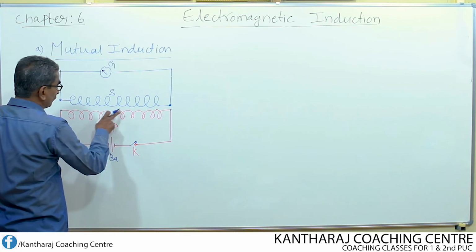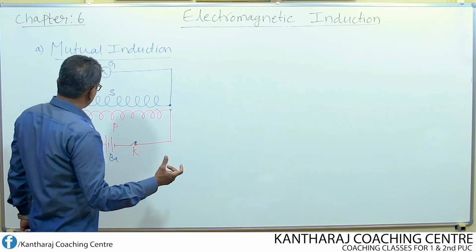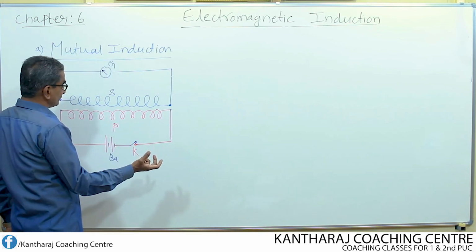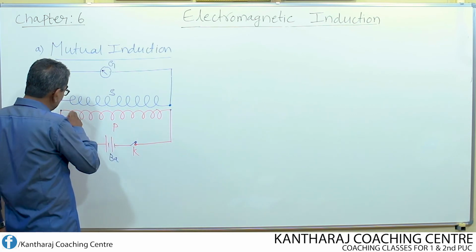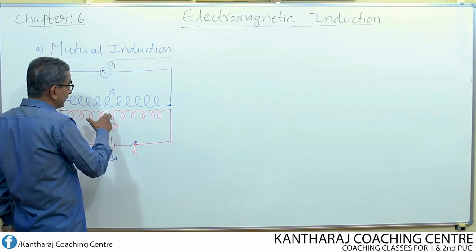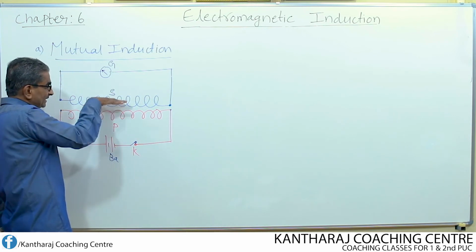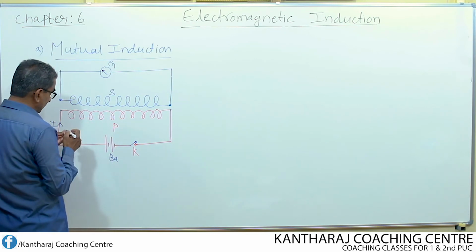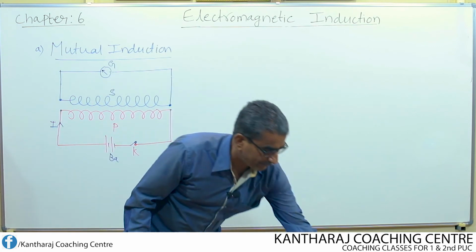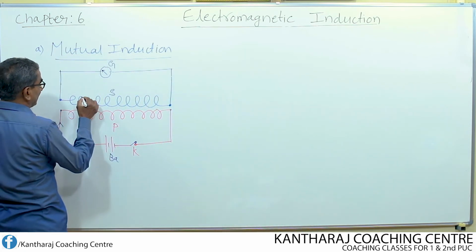When the current starts flowing through the primary coil, the magnetic flux that is produced in the primary, that means the magnetic field produced inside the primary coil, is going to encircle the secondary coil also. Since the secondary is kept very close to the primary, the magnetic field produced in the primary coil is going to cover the secondary also.